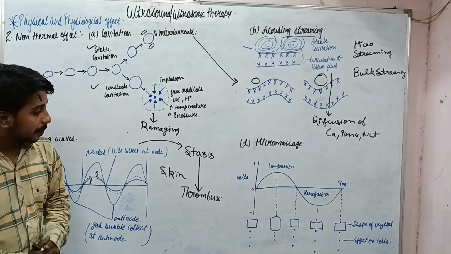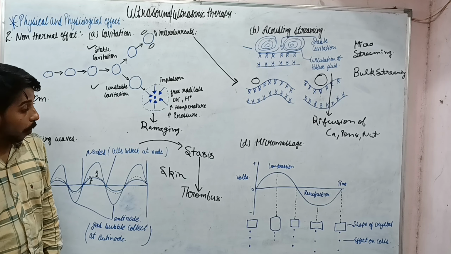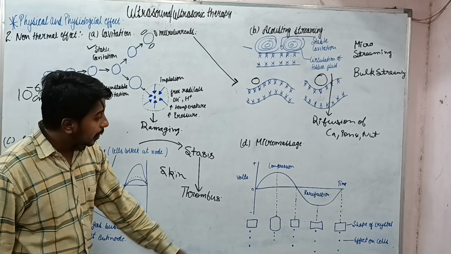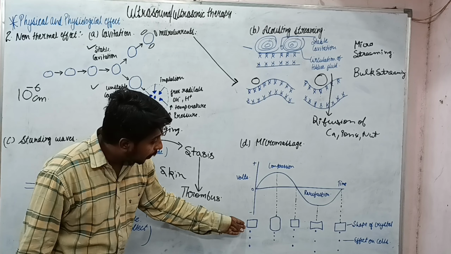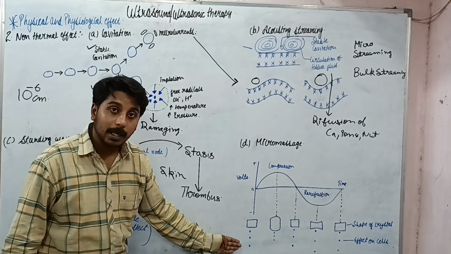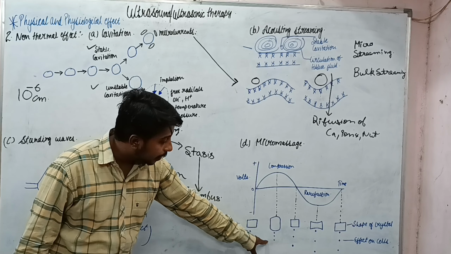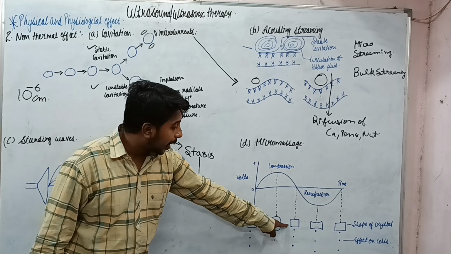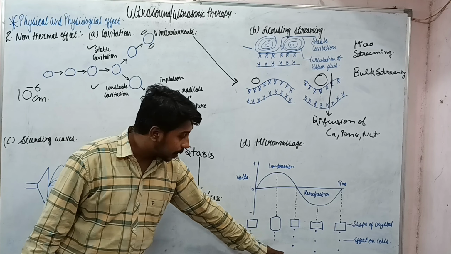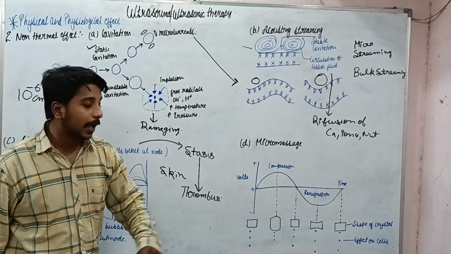I have already explained, I have repeated this diagram a lot of times. You need to focus that when the size of the crystal is this, these are three cells. Okay, and when the size of the crystal increases, the cells get compressed, and again the size becomes normal, the position of cells is again normal.